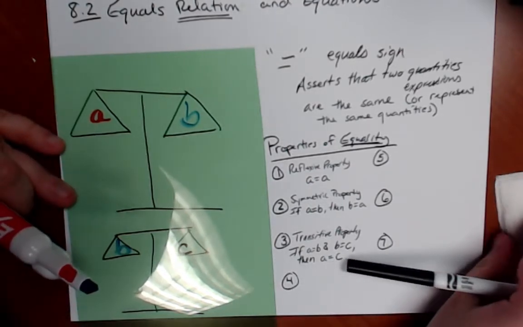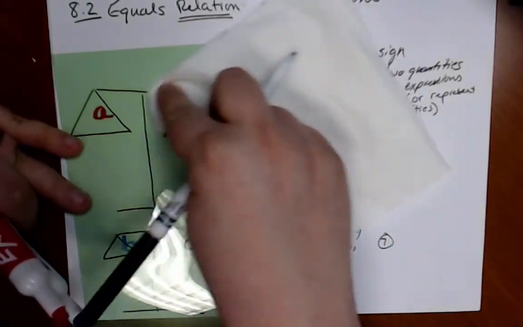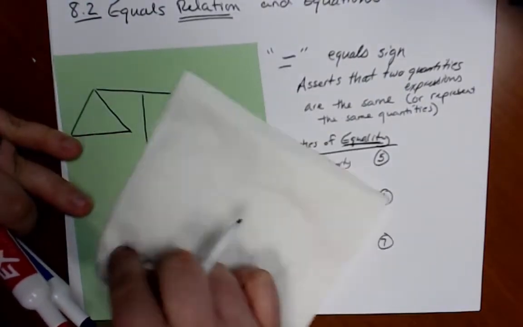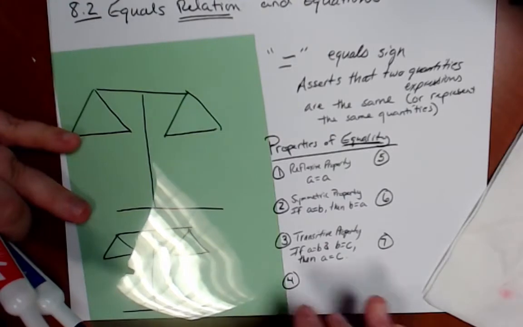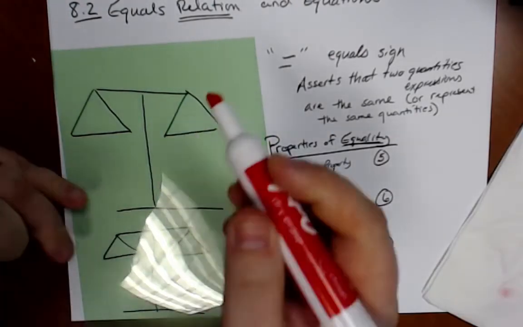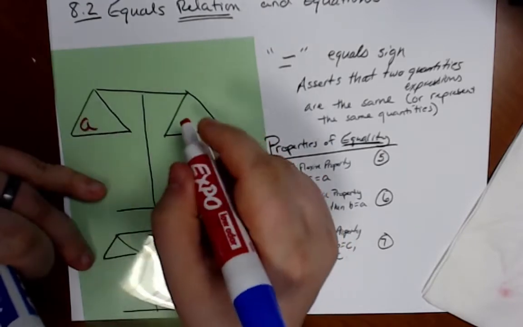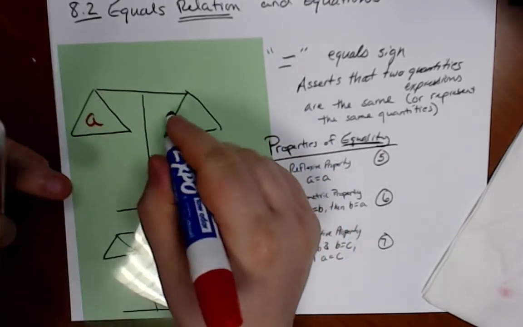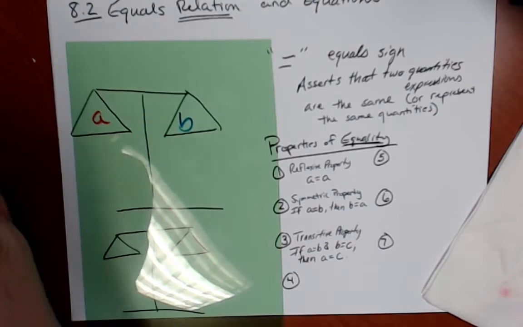4, we have, suppose we know that A equals B, right?